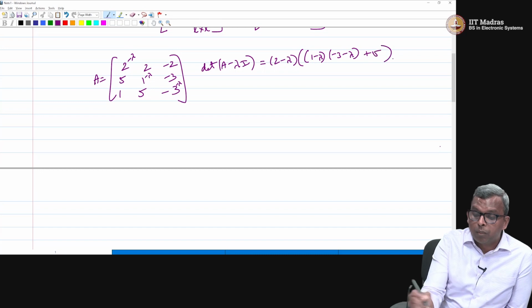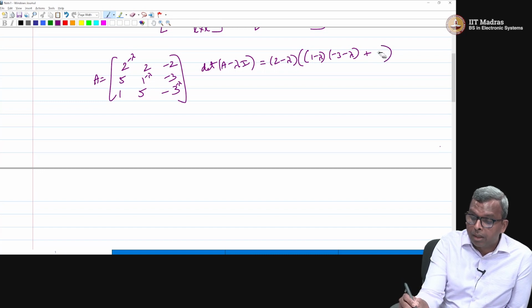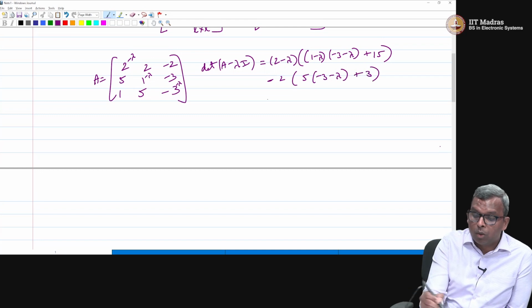Plus 15, and then let me write it a bit more cleanly. Then you've got minus 2 times 5 times minus 3 minus lambda plus 3, and then minus 2 times 25 minus 1 minus lambda.